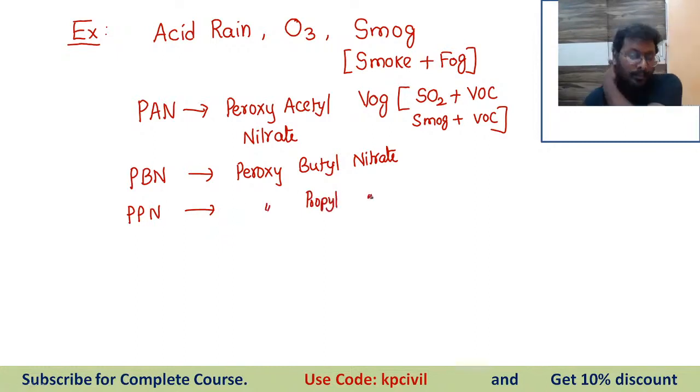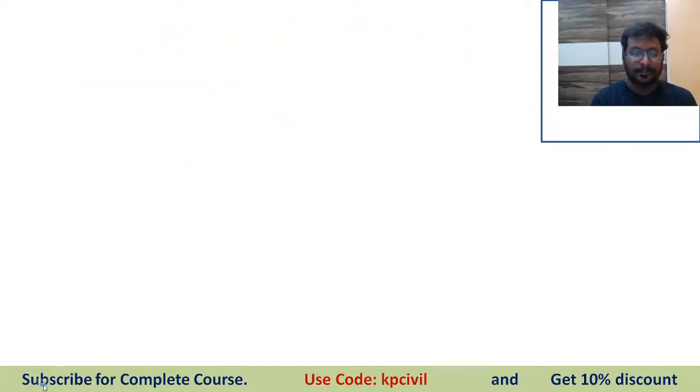So these are the examples for secondary. Very important, remember it. Examples for secondary air pollutants: acid rain, ozone, smog, PAN, PBN, PPN and vog. Those come under examples for secondary air pollutants.